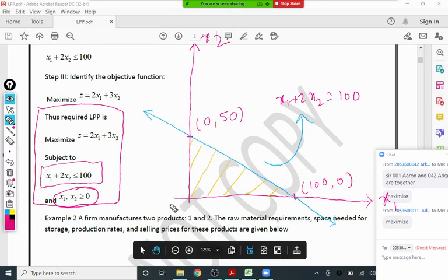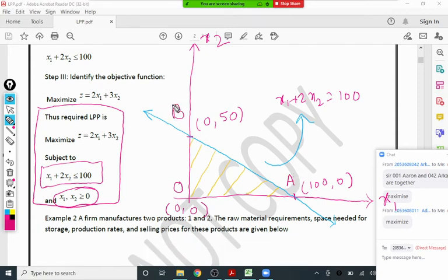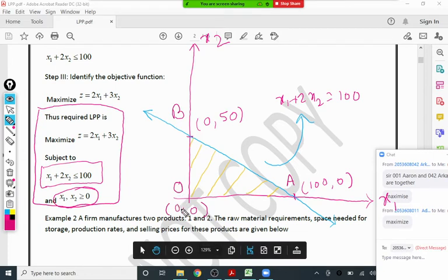There are three corner points. The first corner point is 0, 0, that's the origin. The next corner point, say this one A, is 100, 0. And the third corner point B is 0, 50. So obviously, now Z will be maximum at either O, A or B. Obviously, O will not give us a maximum.